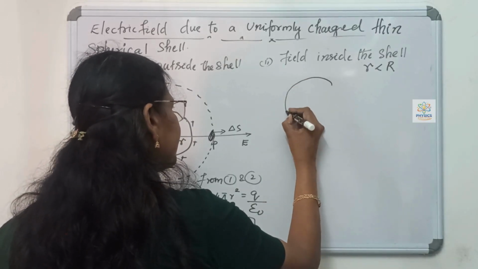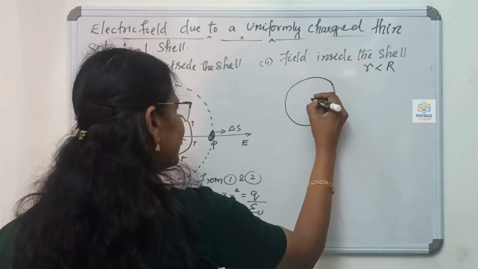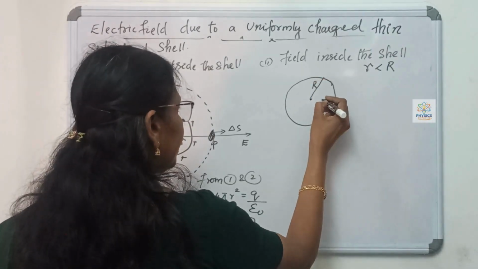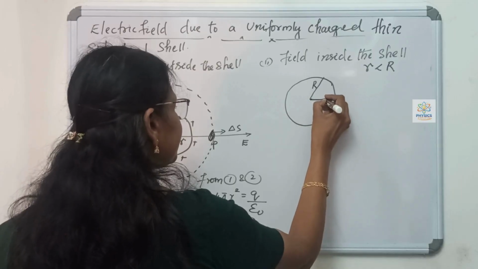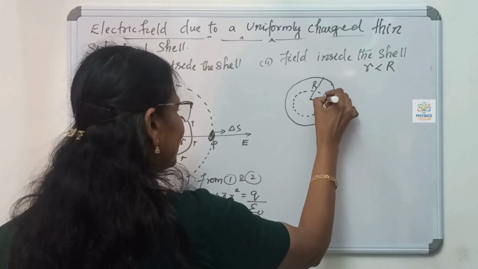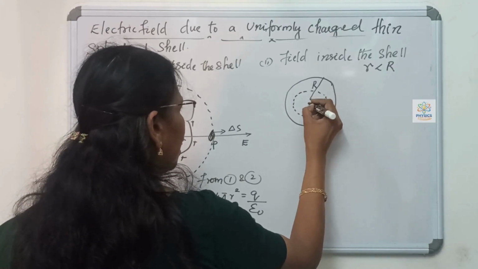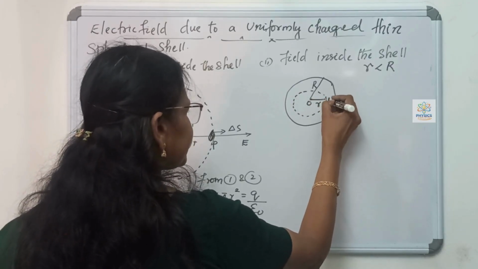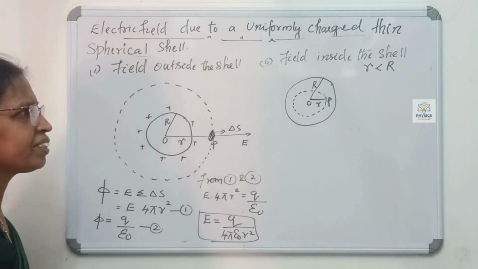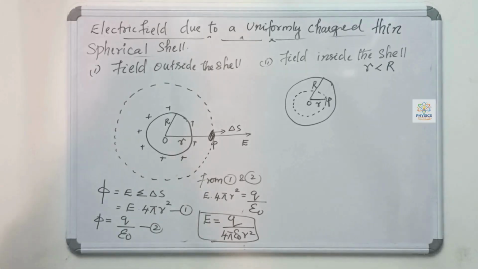So here you can just consider this is the spherical shell. The radius of the spherical shell is R and the Gaussian surface is inside the spherical shell at a distance r from the center of the spherical shell. So O to P, the distance is r.